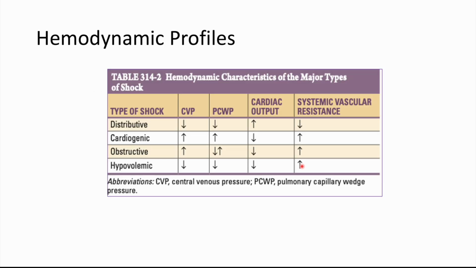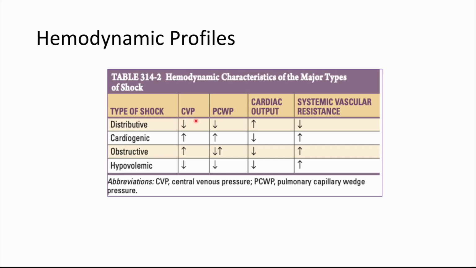So next we'll go into the hemodynamic profiles of each shock. Each type of shock has a characteristic hemodynamic signature. For instance, you can see the distributive shock has a lower systemic vascular resistance and high cardiac output, and less pulmonary capillary wedge pressure and less central venous pressure.